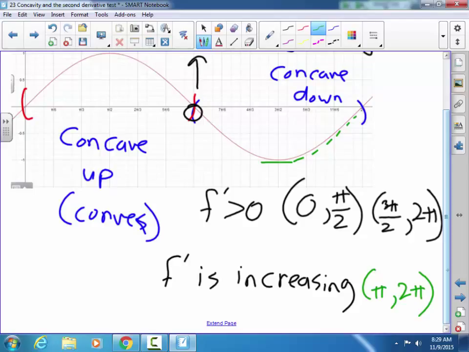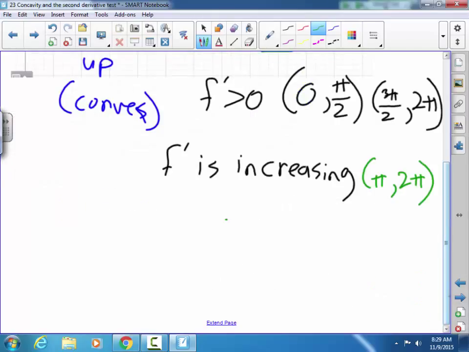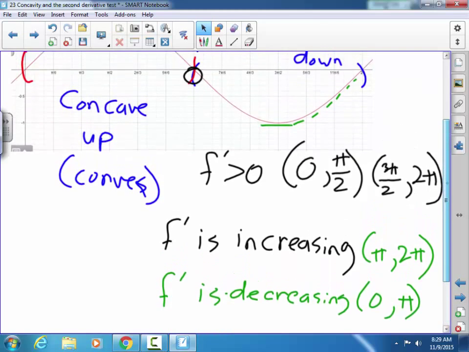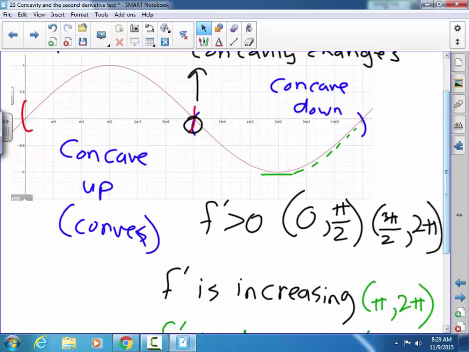So f prime is decreasing from 0 to pi. Now, let's see if we can confuse you. Where is f increasing? Between 0 and pi over 2.